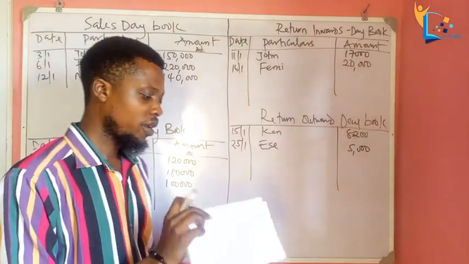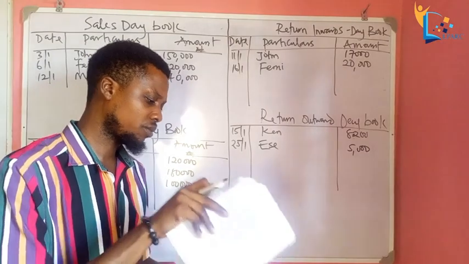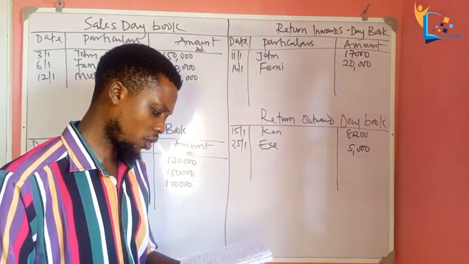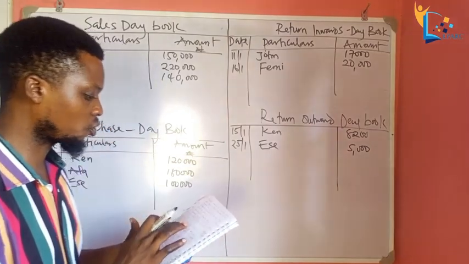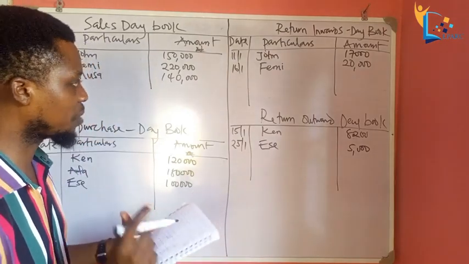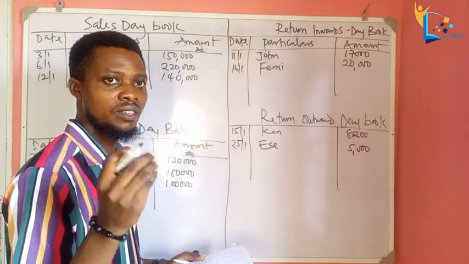All right. So we stopped at the 26th of January, purchase goods worth 70,000 on credit from OK at a trade discount of 10%. 10% of 70,000 is 7,000.